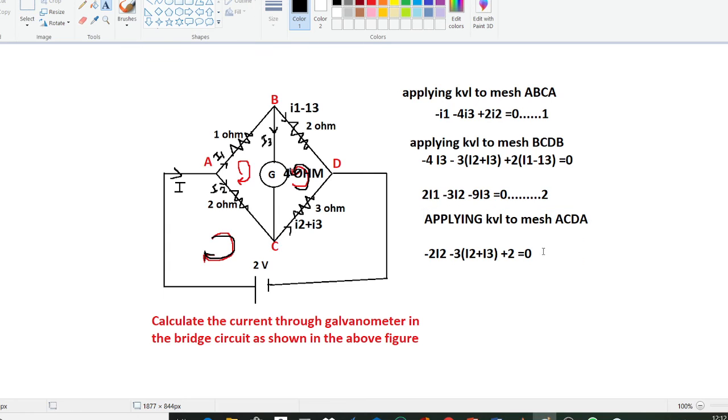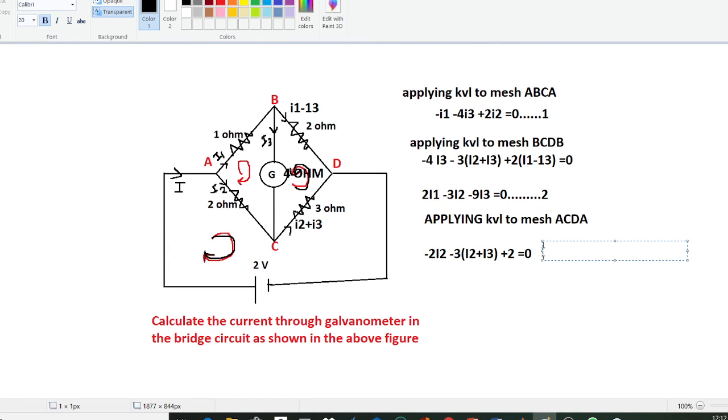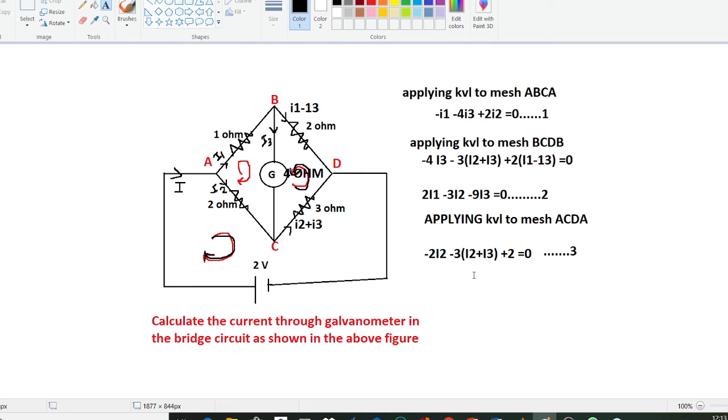So this is our equation third. Let's simplify this first.